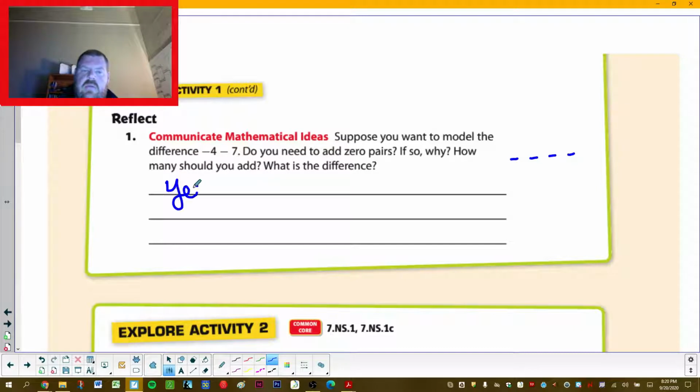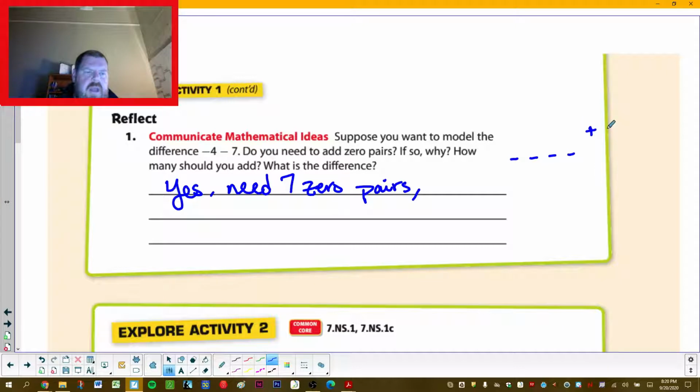So do I need zero pairs? Yes, I do. I need 7 zero pairs. And you know why? I need 7 zero pairs to be able to take away 7 positive counters that I don't have. So what's the difference? So what happens when I do that?